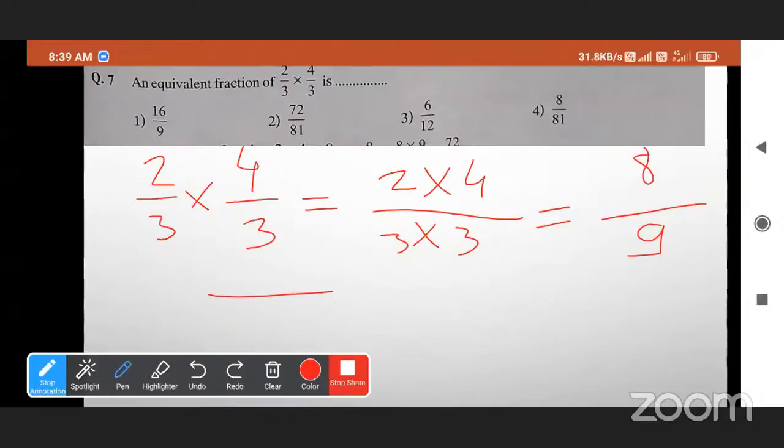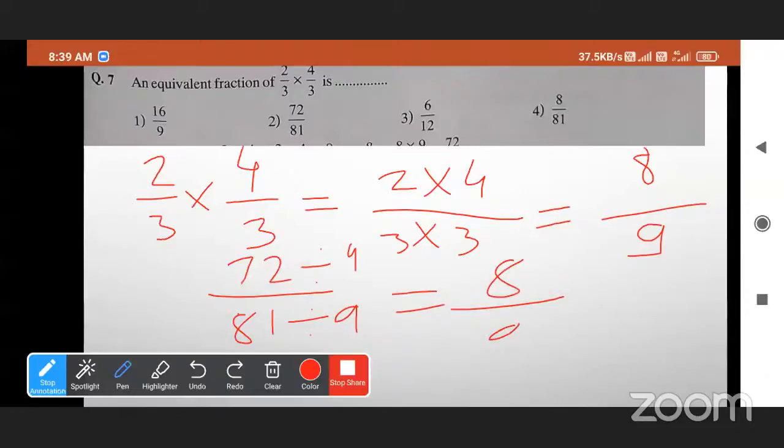If we divide it by 9, then 8 nines are 72, 9 nines are 81. Very good. So 8 upon 9 is the correct answer.